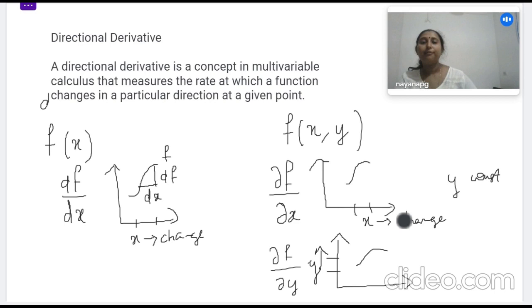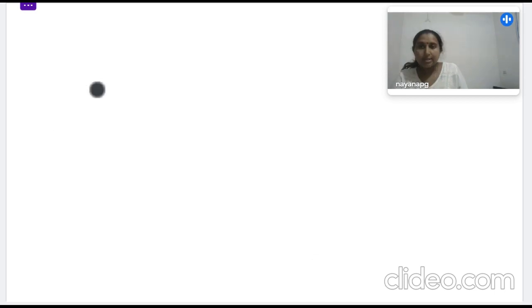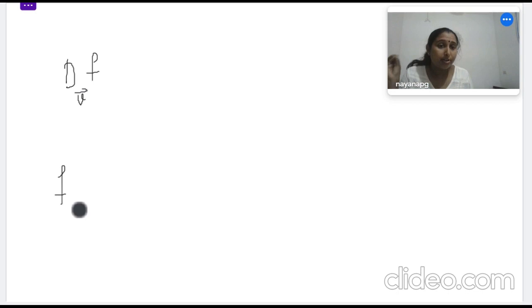Let me take the next page. We denote it as the directional derivative of f over the direction of v. This means that we are finding the derivative of f in the direction of a vector v. So v is the vector that denotes the direction of the derivative.